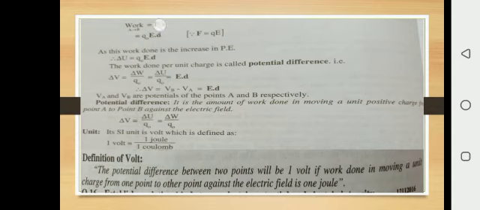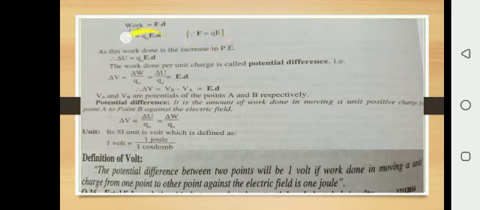So now work done, we know about work done as we have learned this formula in 9th class, 10th class and first year. W is equal to the dot product of force and displacement, and the work done in bringing a unit positive charge from point A to B is equal to F dot D, and F is equal to QE.